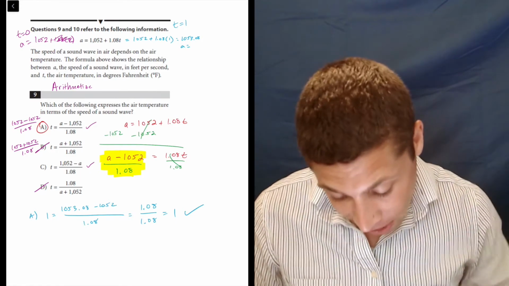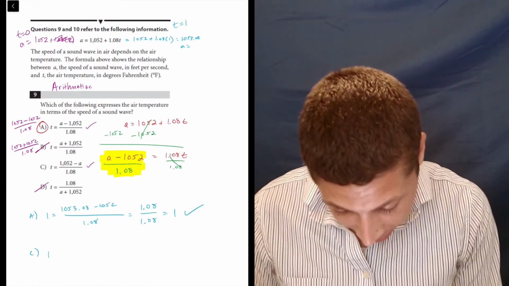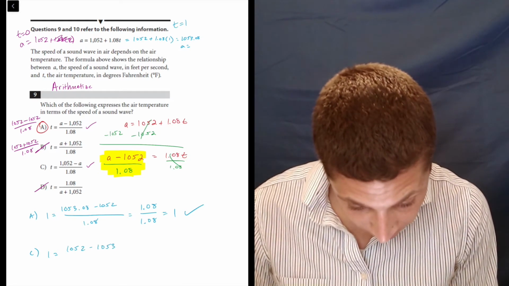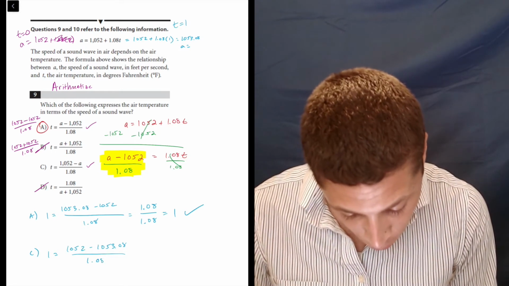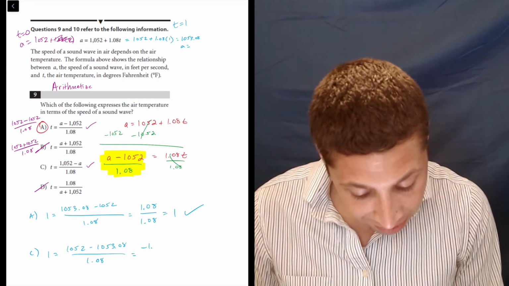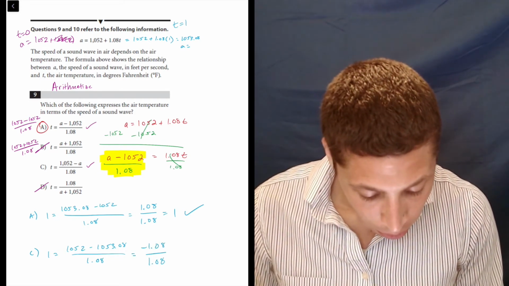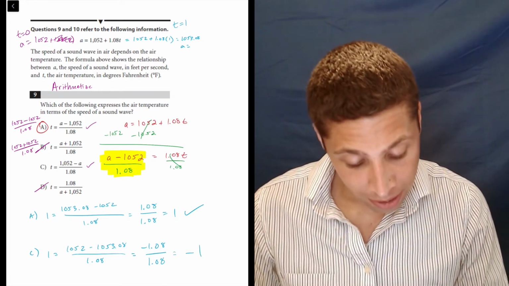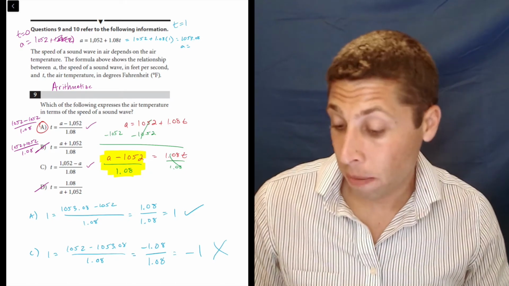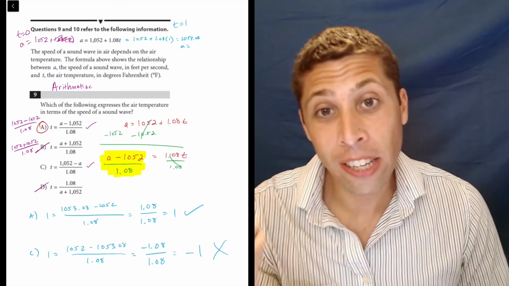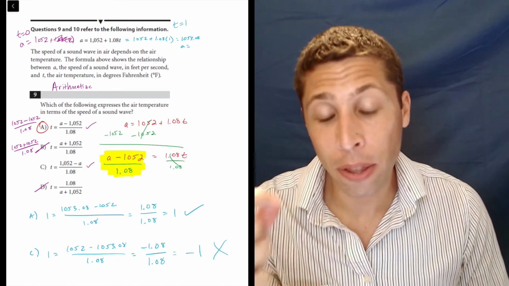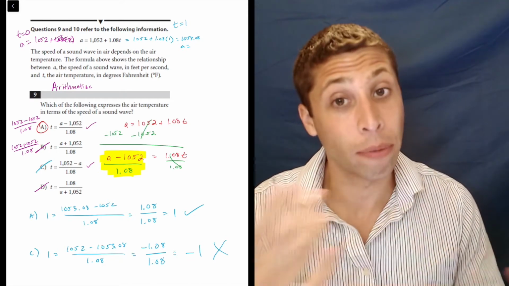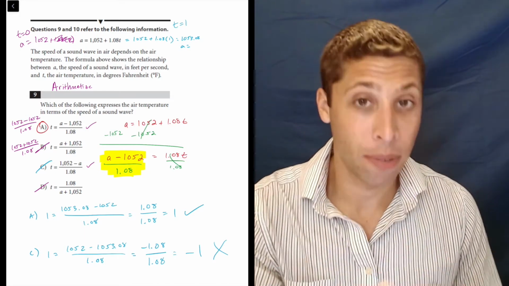But if I do that in choice C, the only other one that's left, I have 1052 minus 1053.08 over 1.08. That's negative 1.08 divided by positive 1.08, which is negative 1. So there's the issue: that doesn't give me the result that I was looking for, and that's how I would know that choice C is wrong. And now I'm only left with one answer, choice A, and I'm done.